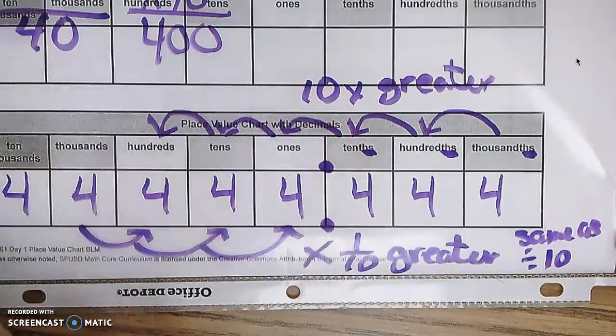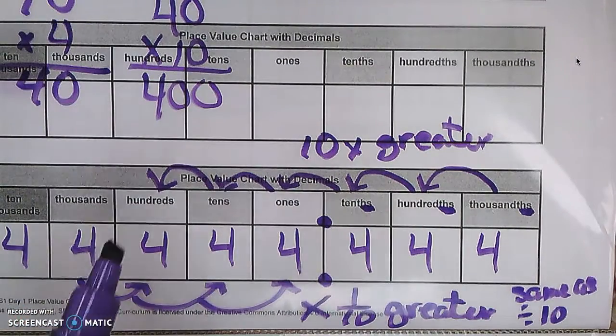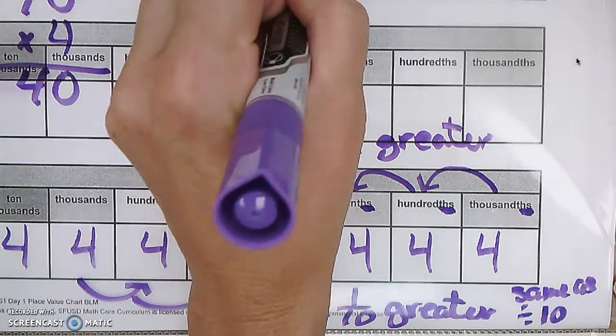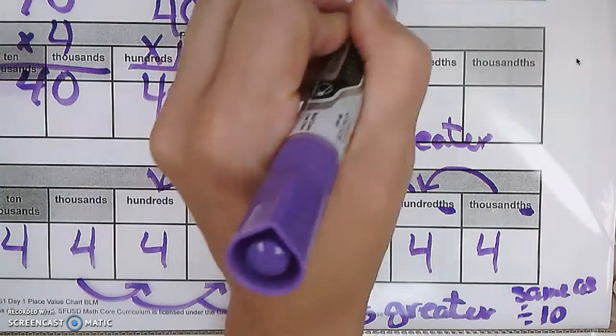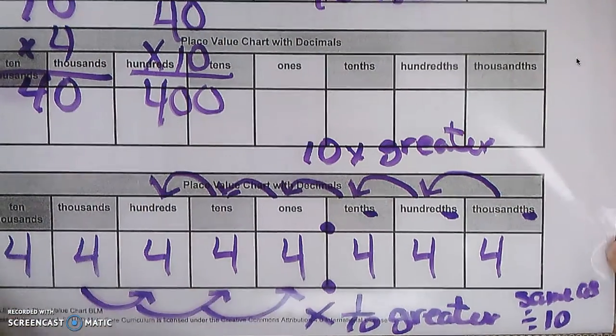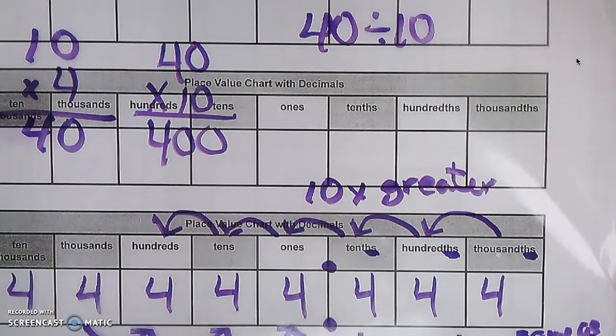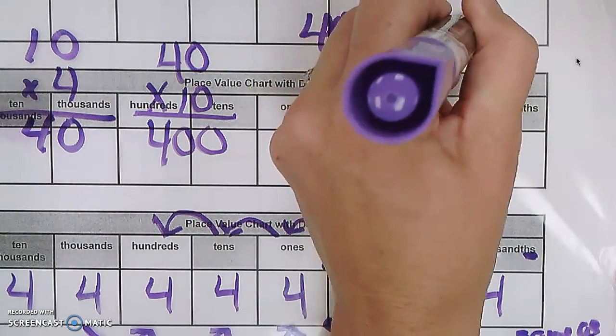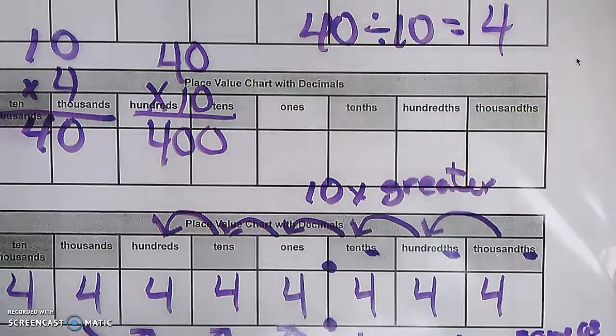So I'm going to use the space up here again as just some extra space. If I have 40 and I divide it by 10 because I'm moving to the right, 40 divided by 10 is 4.